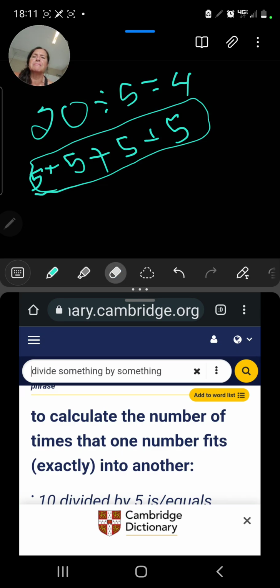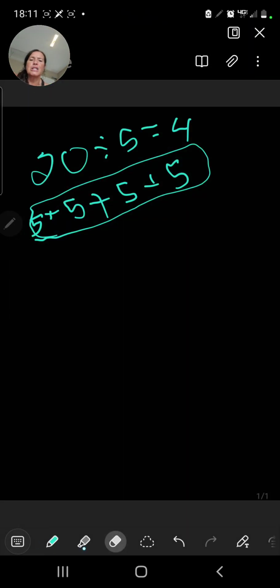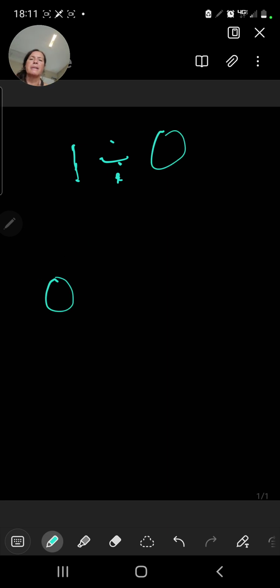So let's look at one divided by 0 now and see something. Okay, I've got 1 and I divide it by 0. So let's see if I put 0 in it one time, do I get 1?